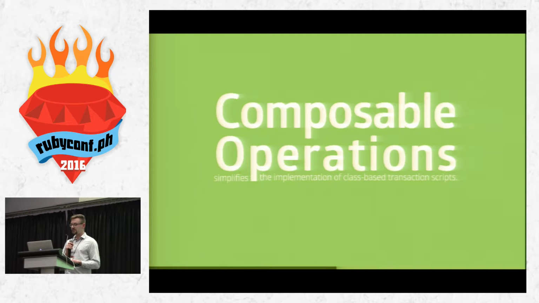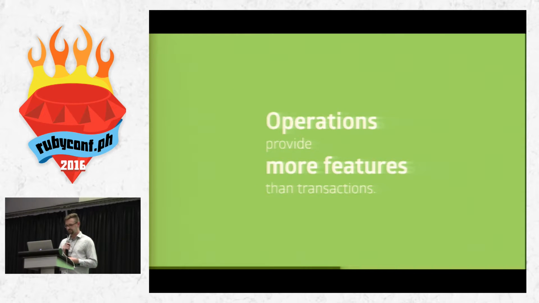In order to implement this in a consistent way, I released an open source project called Composable Operations, which is meant for you to easily implement these transaction scripts. They are actually a little more than the original definition of a transaction script. As we will see in a moment, they provide some unique features.